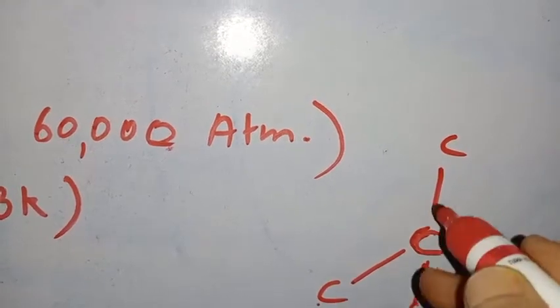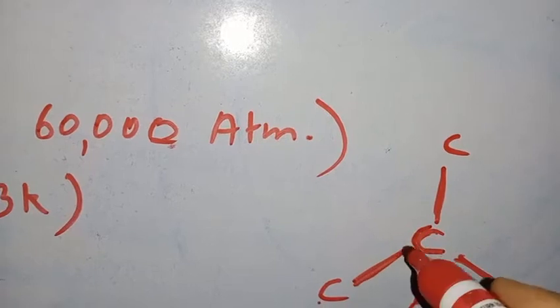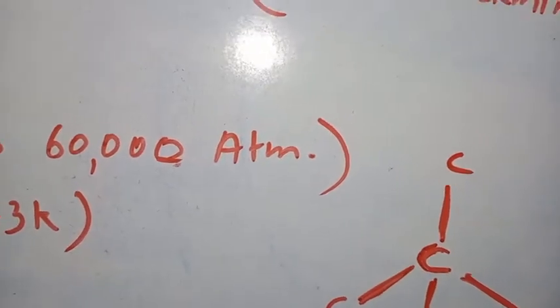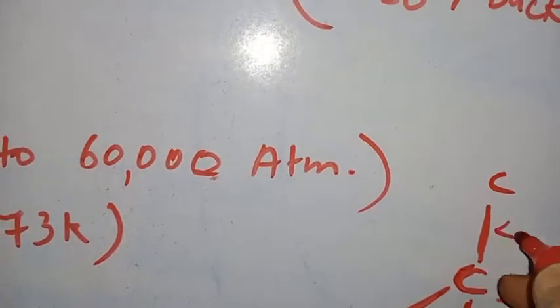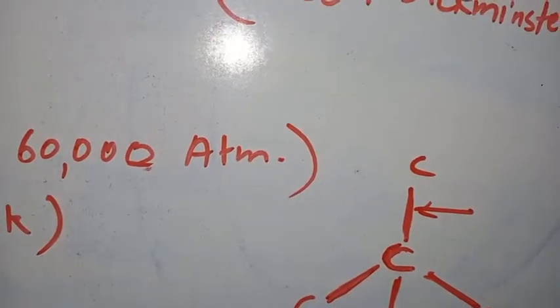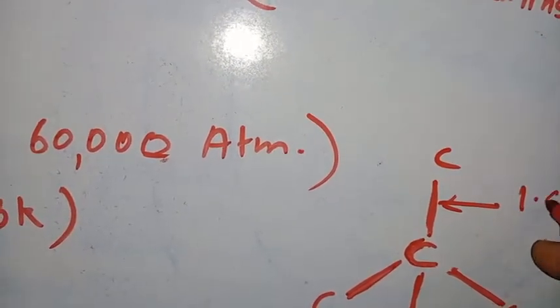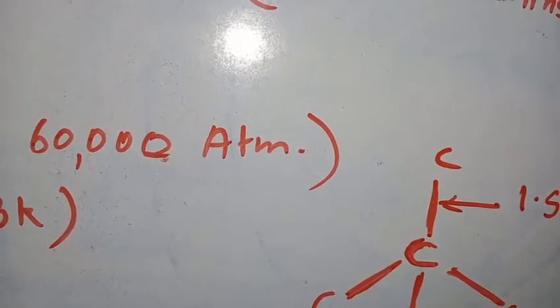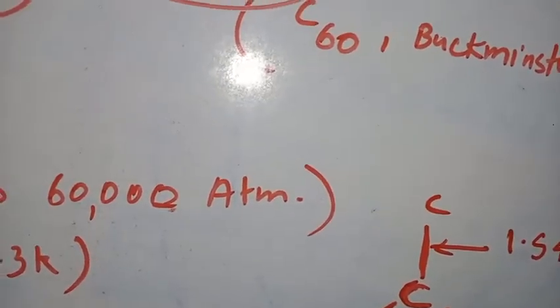As you can see, the bonds between the carbon atoms are covalent bonds. And if you see the bond length between the carbon atoms, the bond length is about 1.54 angstrom. Angstrom is the unit to measure the bond length.